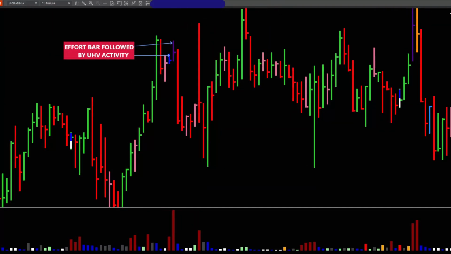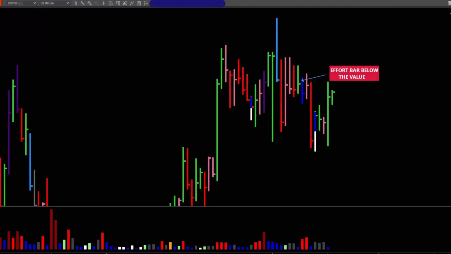Moving forward, again the same example, some more examples of the ultra high volume activity. Now here we can see the ultra high volume activity has been detected. Now the third kind of effort bar has been detected, and in the next 2 bars it is successfully able to give us the trade. I'm sorry, I just ran through the slides.